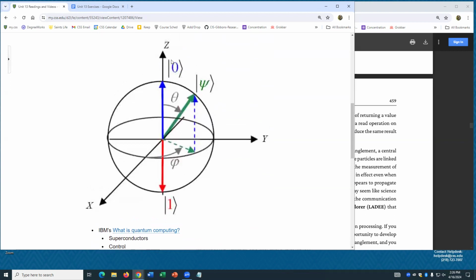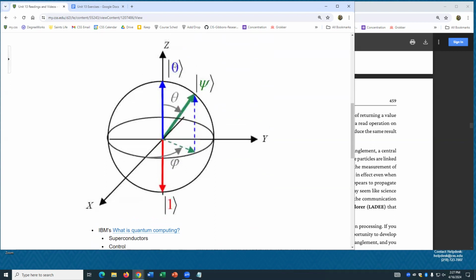You also see this notation. We'll talk a little bit about it. You see a vertical line and then some symbol and then a greater than sign, or else you'll see it the other way, a less than symbol and a vertical line. You can think of them as 2 halves of a bracket.